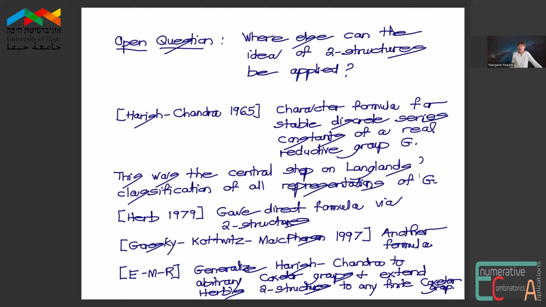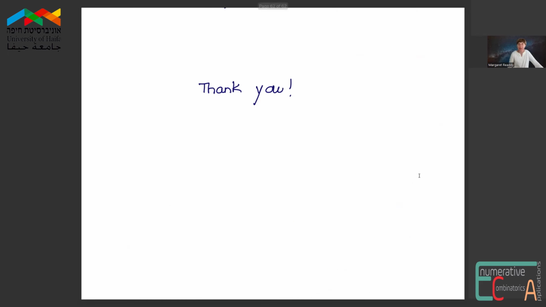The fact that the signs are well behaved in these cases, when you look at the 2 structures. That's what I really want to leave you with, because this is really connecting combinatorics with algebraic geometry, number theory, and representation theory. So that's all I have to say for today. Thank you very much.